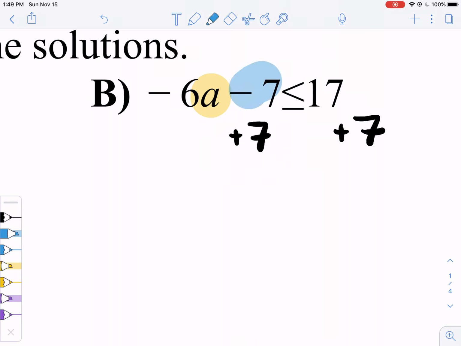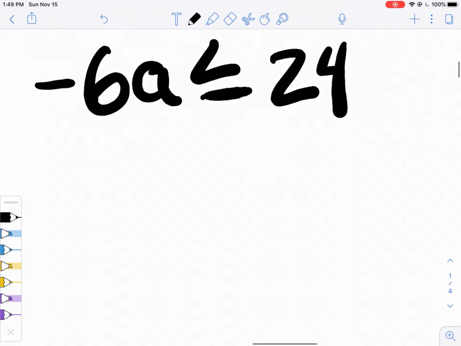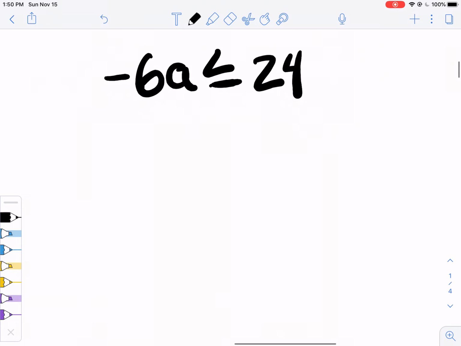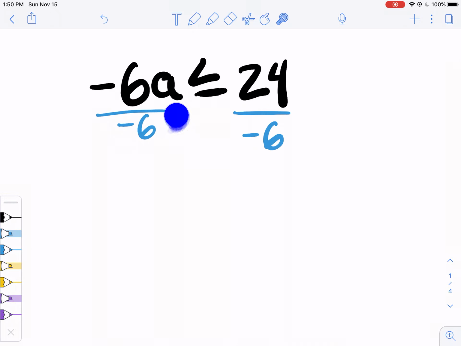Anyway, we want to undo this minus 7, so we're adding 7 to both sides, giving us negative 6a is less than or equal to 24. And now look at this guy. We have a simpler inequality, but we are going to divide both sides by negative 6. And remember from our last lesson, since we're dividing by a negative number, we need to do our math with a twist.